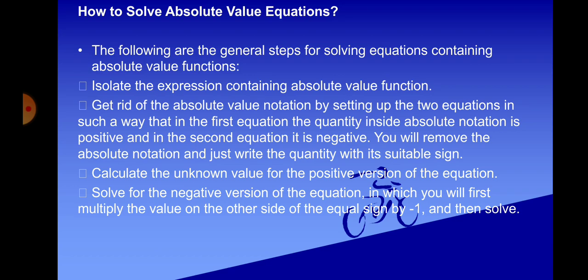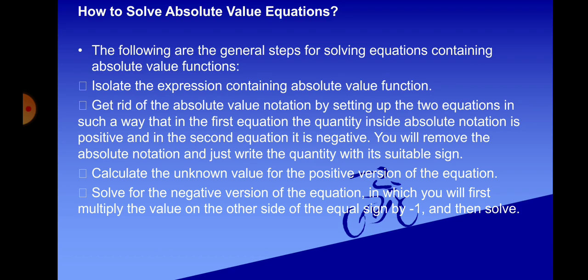Get rid of the absolute value notation by setting up two equations in such a way that in the first equation the quantity inside the absolute notation is positive, and in the second equation it is negative.